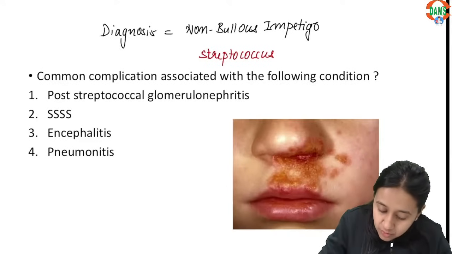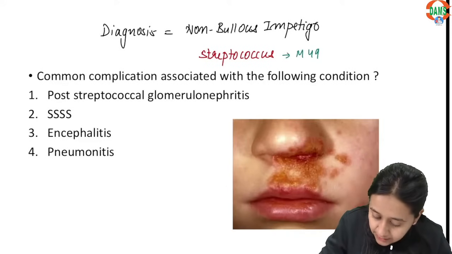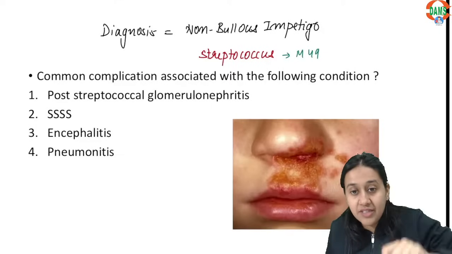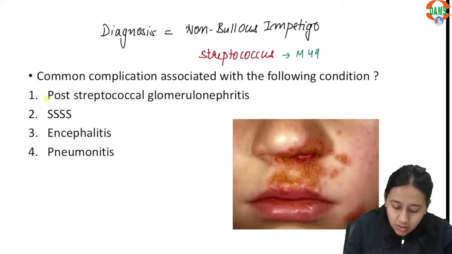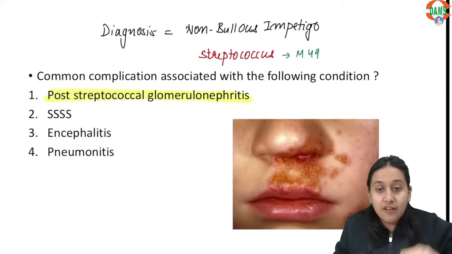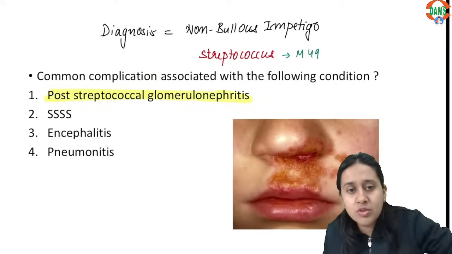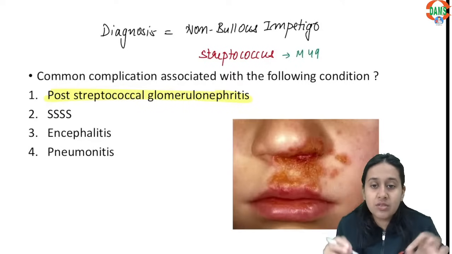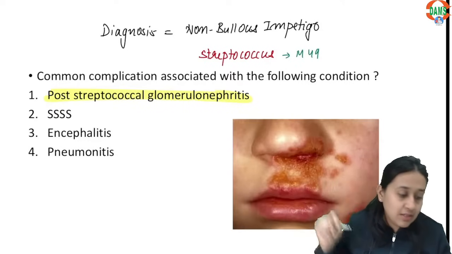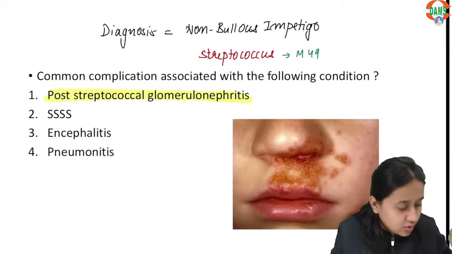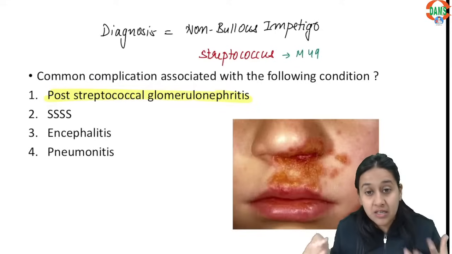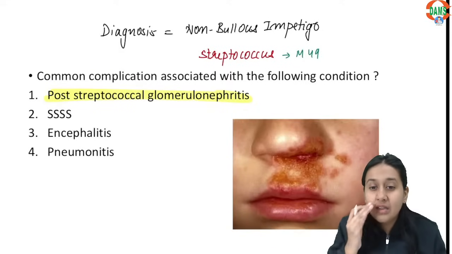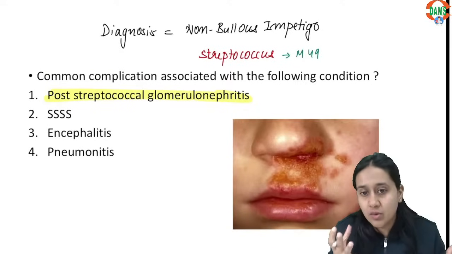Now, there is a Streptococcus strain M49, and this strain is known to cause post-streptococcal glomerulonephritis, which is considered to be the most frequent complication associated with non-bullous impetigo. Now, Chandni, this cannot be herpes because in herpes, this specific crusting is not seen.